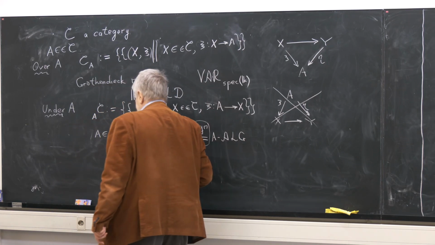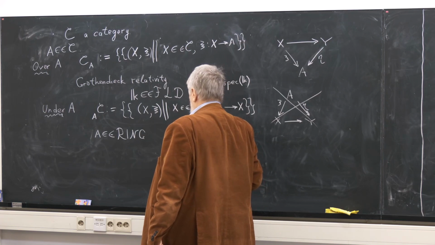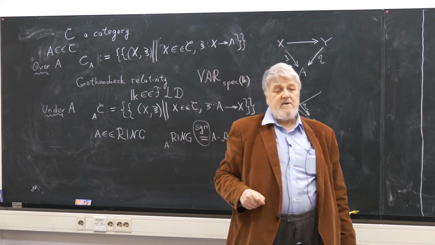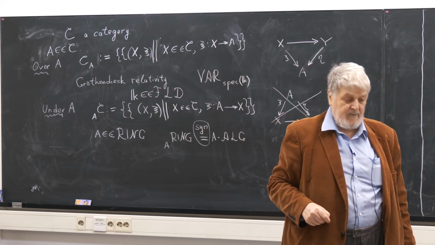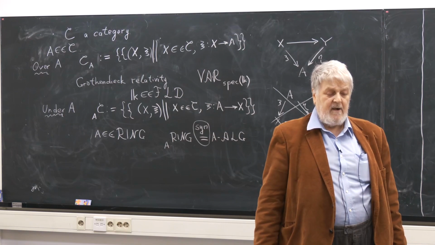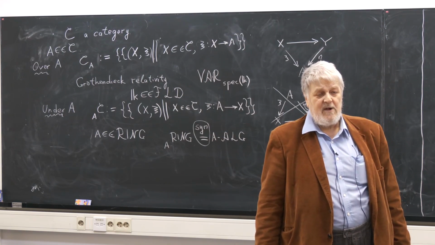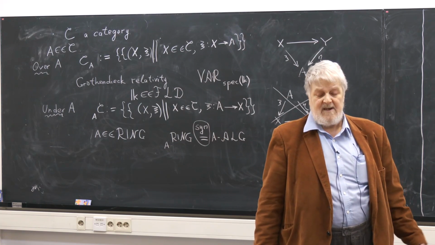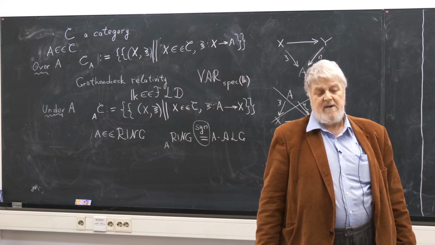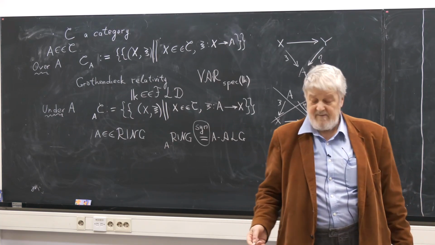Okay, but I prefer the left one just because it is much shorter. In the standard algebraic course, defining the A algebra, you should say that it is an A module together with multiplications that satisfy those and those axioms.